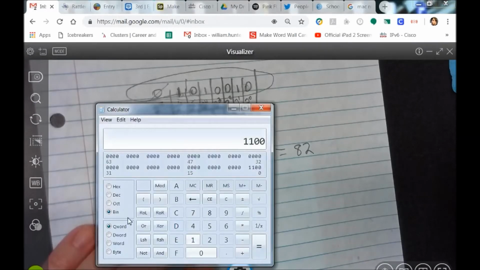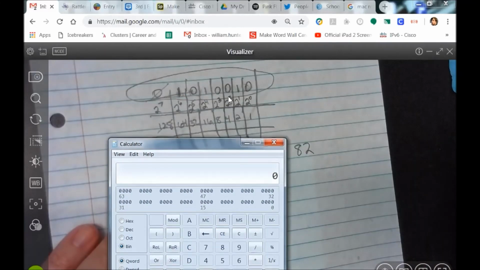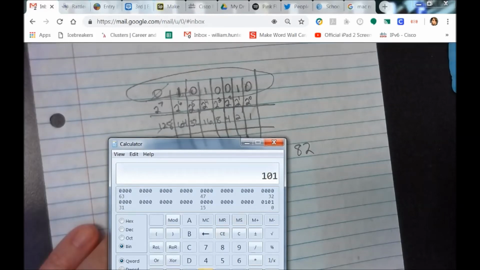If I want to check whether that is the actual value, I can do it one of two ways. I'm going to clear this out, and put my binary number into my calculator. So that's 0, 1, 0, 1, 0, 0, 1, 0.